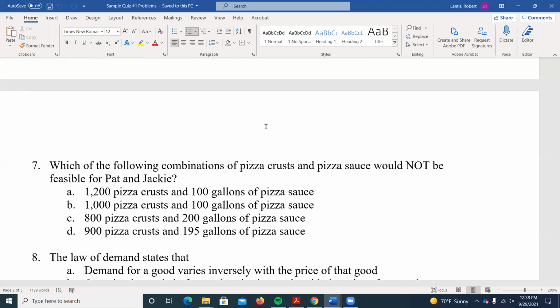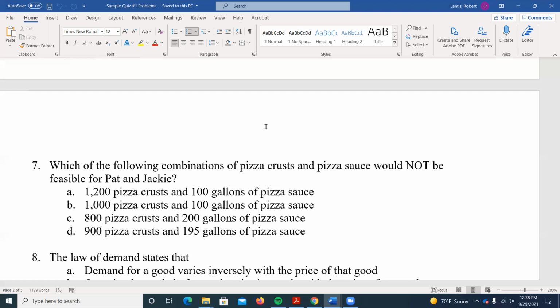Okay. So if I give you different combinations, what I'll likely do is use these points, right? Some of these are a little bit harder, like 900 and 195. But if I told you 1,800 pizza crust and 0 sauce, well, that's an efficient point. That's actually on my production possibilities frontier.